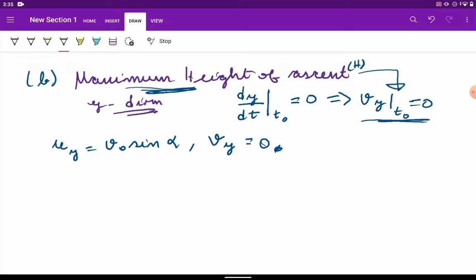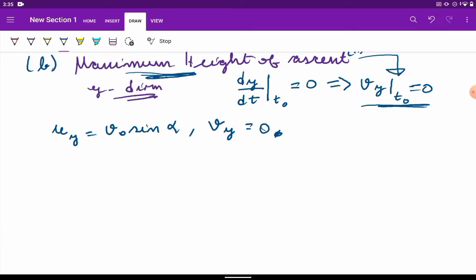Fine. And let's say we represent the maximum height of ascent by capital H. Okay. So now you know from other equations of motion or kinematics that Vy square minus Uy square equal to 2Ay into, let's say I'll represent it by Sy, displacement in the y direction.